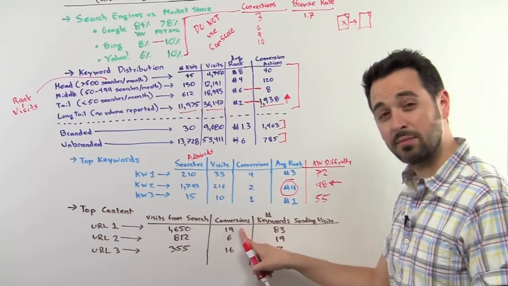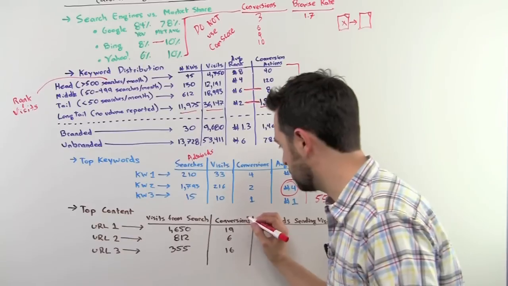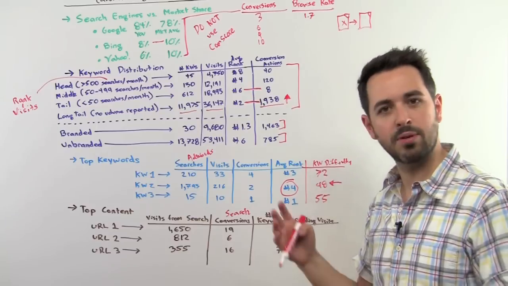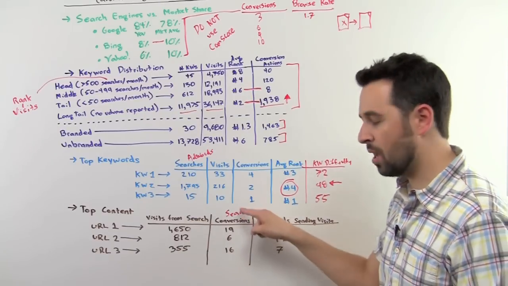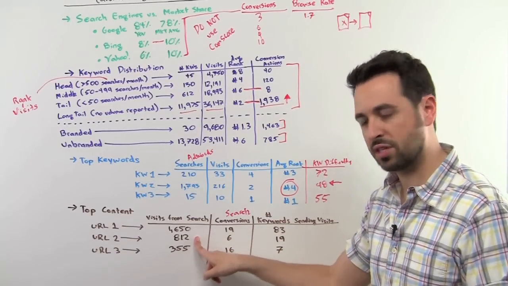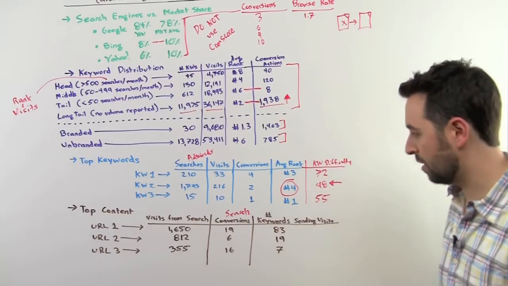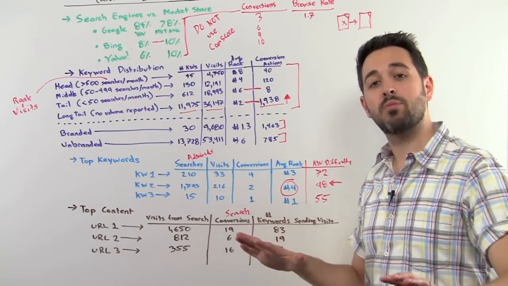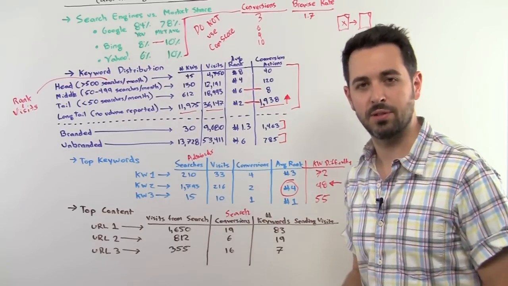You might want to segment, by the way, so that this is specifically search conversions, so that you're not getting something mixed up where these are people coming from other sources to these pages and then converting. You actually want to know for the visitors from search how many conversions you get on these. And having this information is going to be great for analyzing previous content, knowing what types of content to produce.